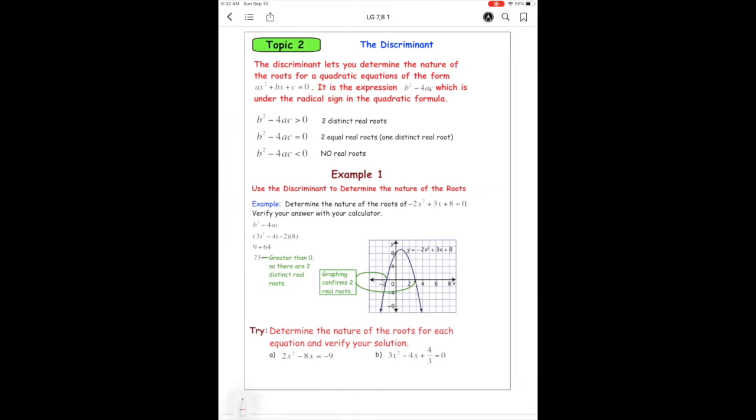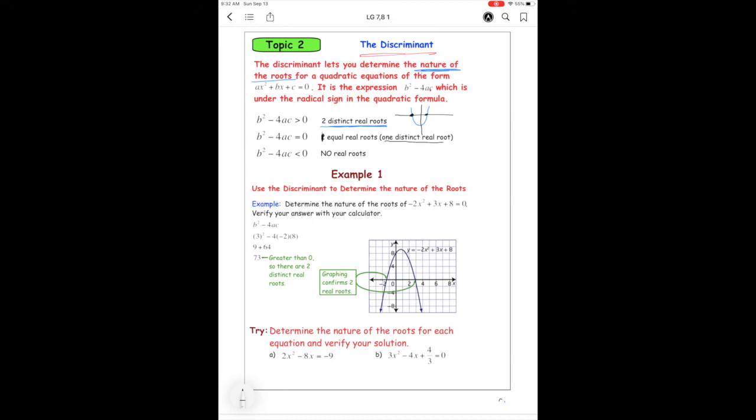Now the last topic is topic 2, which we're going to talk about the discriminant. Okay, the discriminant just tells you the nature of the roots, which means you could have two distinct roots, which means the parabola comes and it crosses twice. So it touches there and touches there.